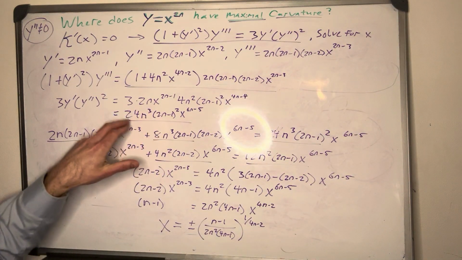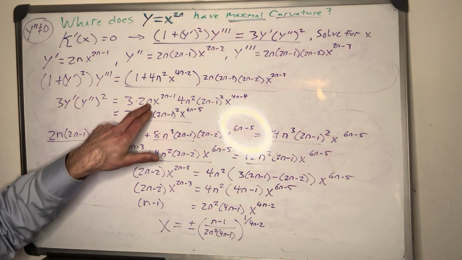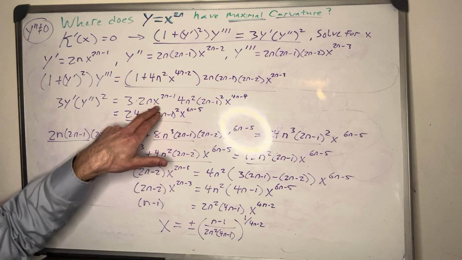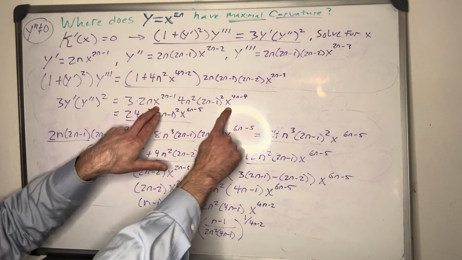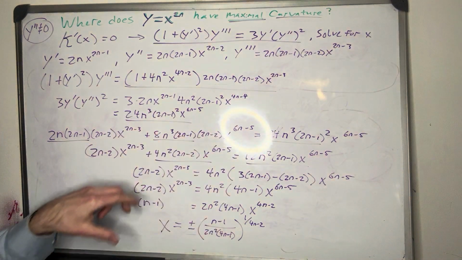When we simplify that, we get 3 times 2 times 4, so 24 n cubed, 2n minus 1 squared, and then the x's, when we combine those, give x to the 6n minus 5.